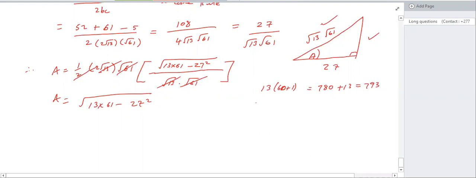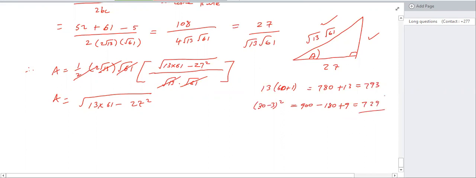And 27 squared, looking at 30 minus 3 squared, which is 900 minus 3 times 2 times 30, 90 times 2 is 180, plus 9, that should give you, okay, 900 minus 180 should give you 720, 729.